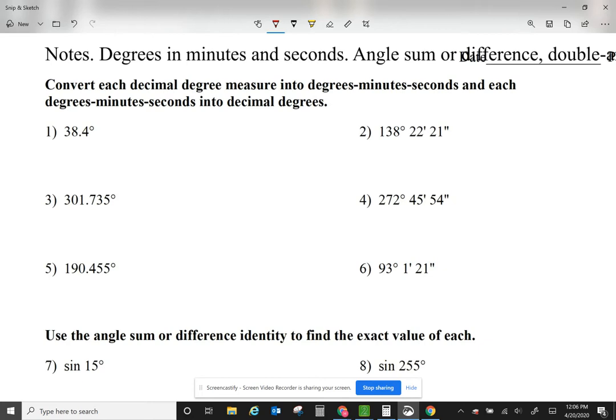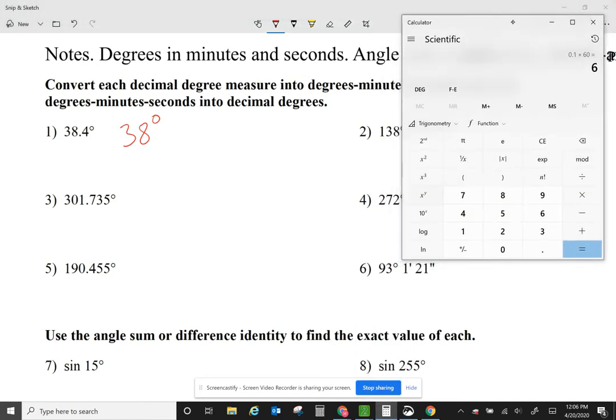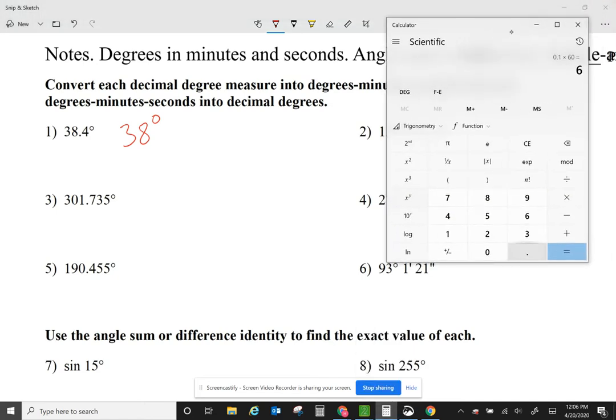For the decimal 38.4, the number before the decimal just tells us it's going to be 38 degrees. What we need to worry about is the decimal part. So let me grab a calculator. My decimal part is 0.4, and I'm going to multiply this by 60.